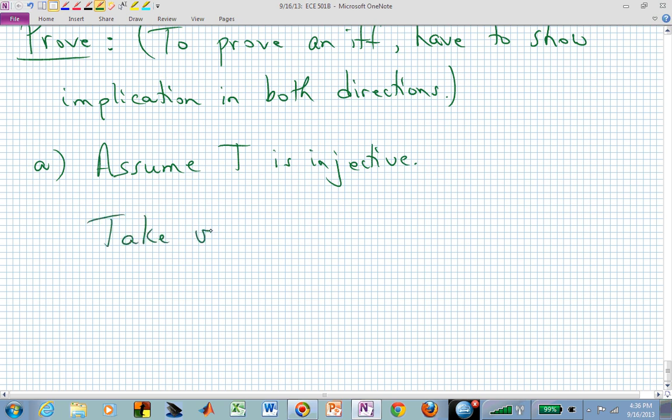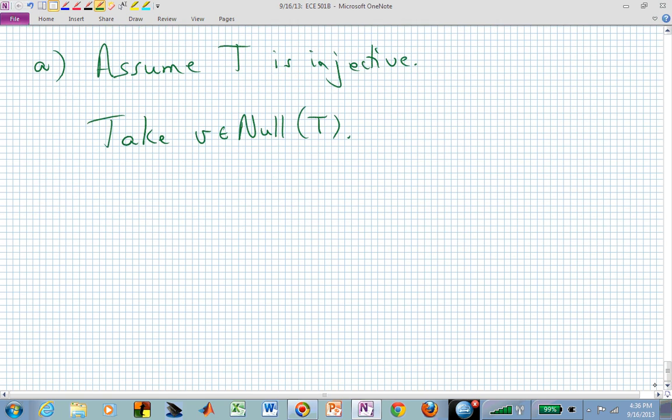Let's take a V that's in the null space of T. That means that TV, not television, but T of V, if you're following along with the English version of this show, so T operating on this vector V, and this vector V belongs to the null space of T, that gives us 0. And that's because V is in the null space of T.